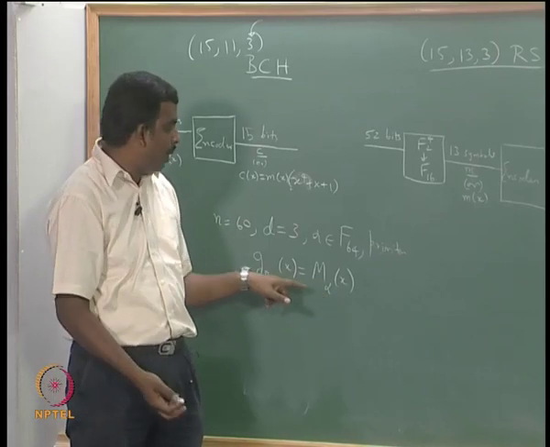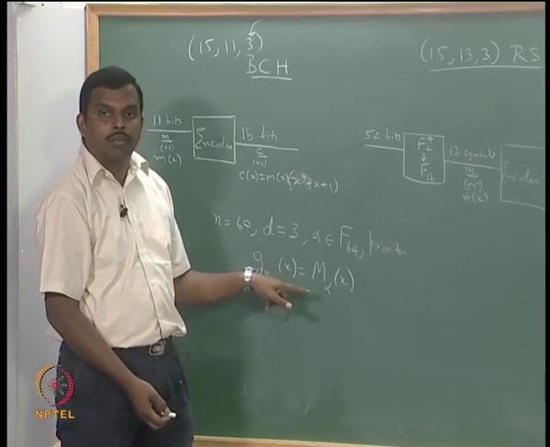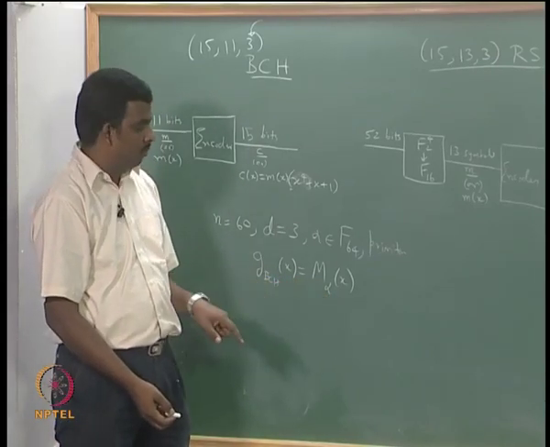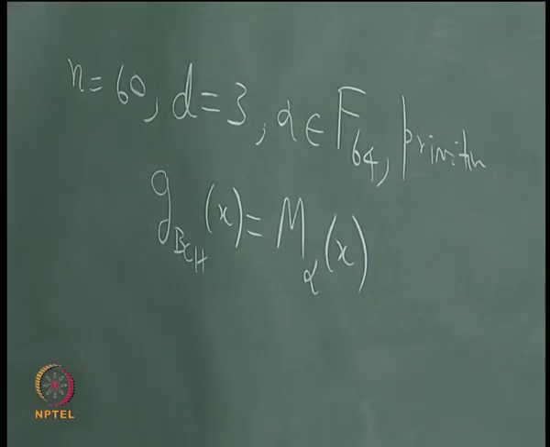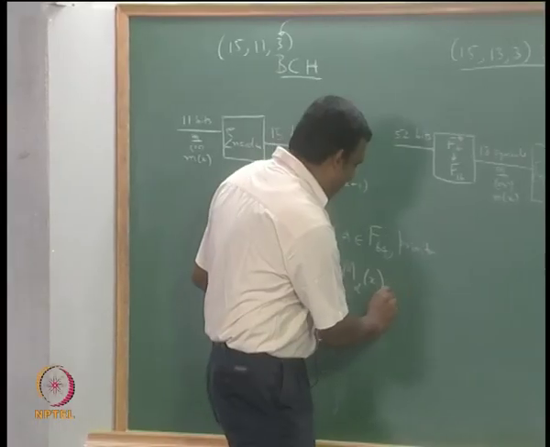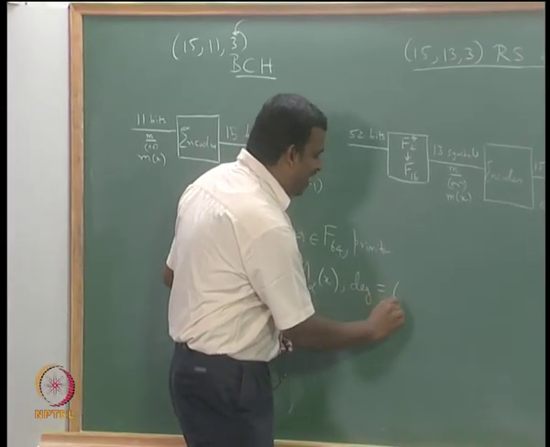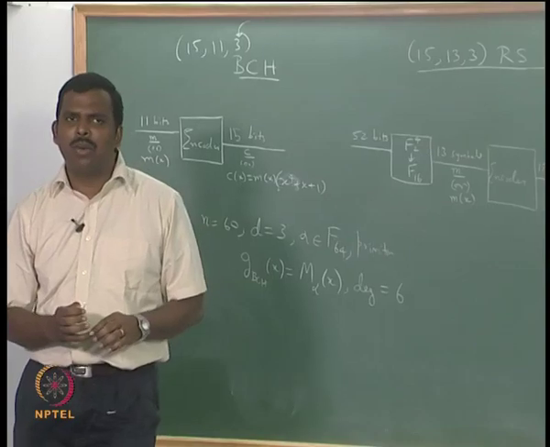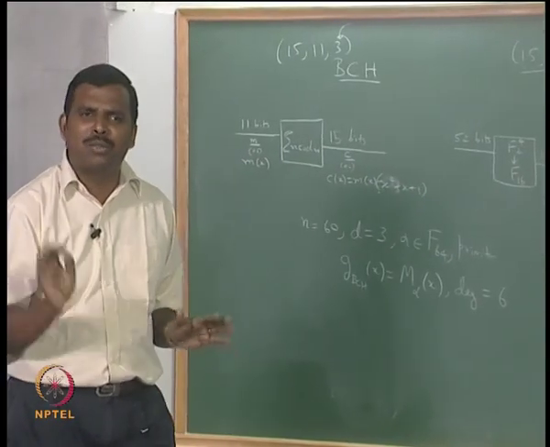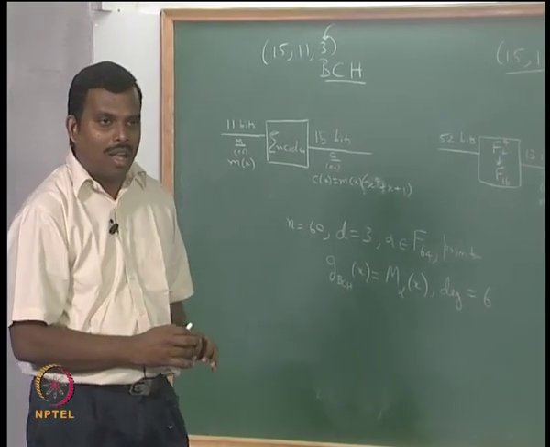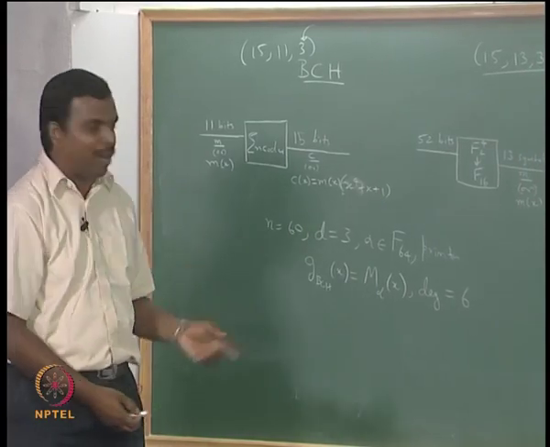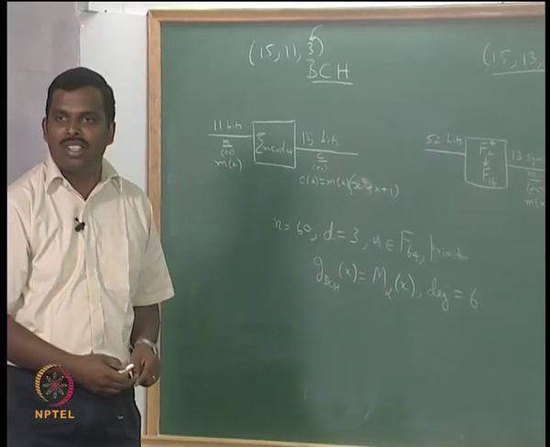So in particular, what will be the degree of this? Six, right? Degree equals 6. Why did I ask this question about degree? I want to find the dimension of this code. To complete this picture, I should know k.